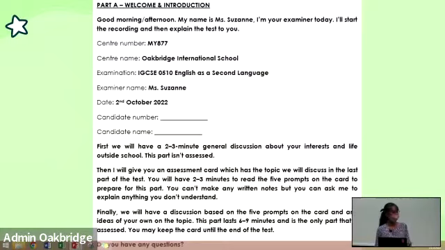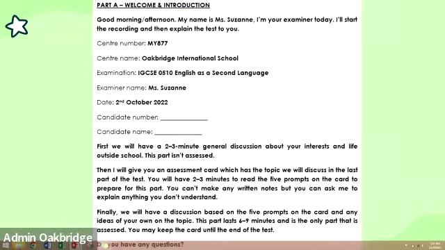There are some main details that I will mention, such as center number, center name, examination, examiner name, which date the exam was conducted, and then your candidate number and candidate name. All these are important details that will be mentioned in part A. The purpose of this is just to do the welcoming and the introduction.